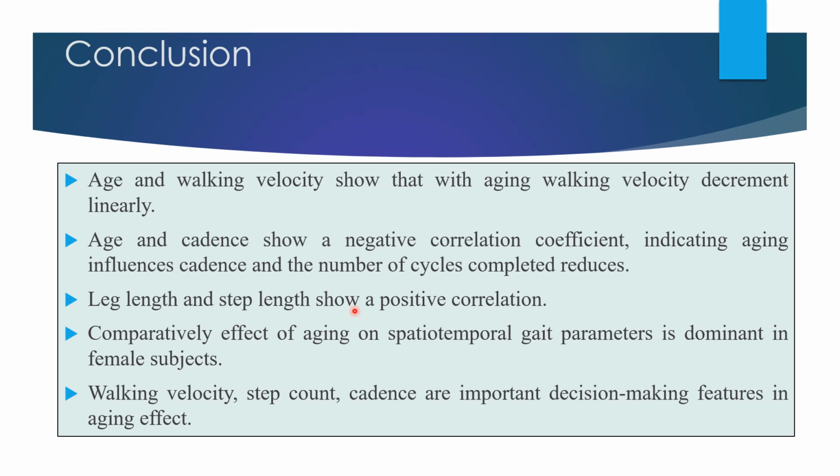Leg length and step length show a positive correlation, specifying that a taller person is able to cover more distance than a person with less height. Comparatively, the effect of aging on spatial temporal parameters is observed to be more dominant in female subjects than male. Walking velocity, step count and cadence are important decision making features in the aging effect.